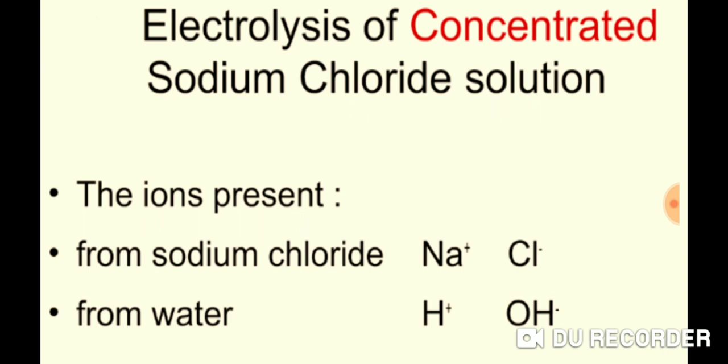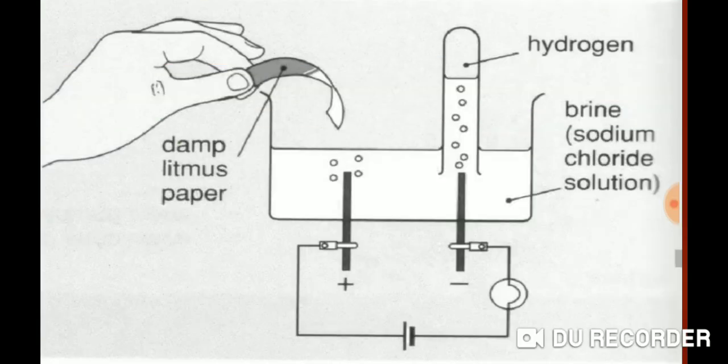So now, electrolysis of concentrated sodium chloride. Again, when we talk about electrolysis of sodium chloride solution, there are four kinds of ions produced: Na positive, Cl negative, H positive, and OH negative ions.